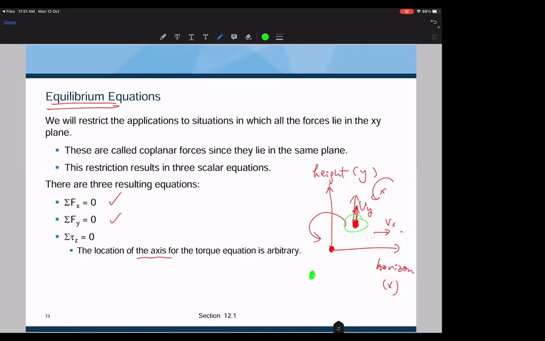So you see what I mean? When you change the axis, the object is still stationary. That is the important message. So the rotation about any axis that runs perpendicular to the plane is equal to 0.